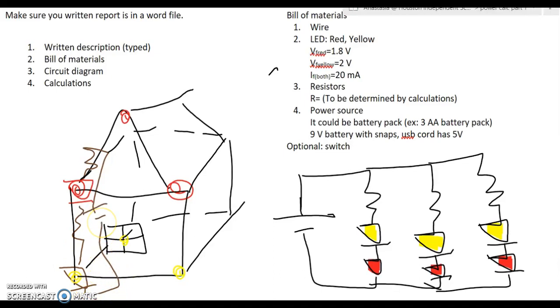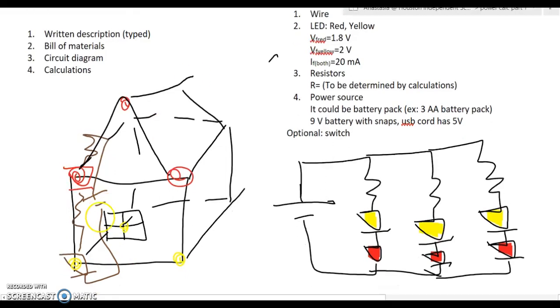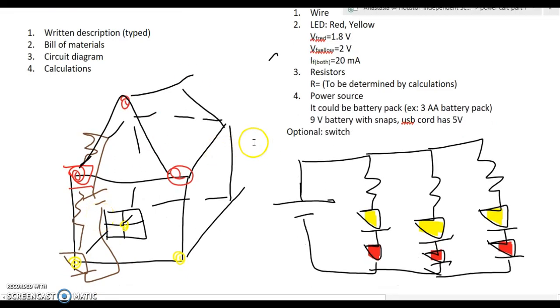And then back into the battery. I know it doesn't look very pretty, but it's the best I can do with the drawing tools that I have. So once I start drawing it, I can lay it out everywhere. I can lay out each of my branches like that.